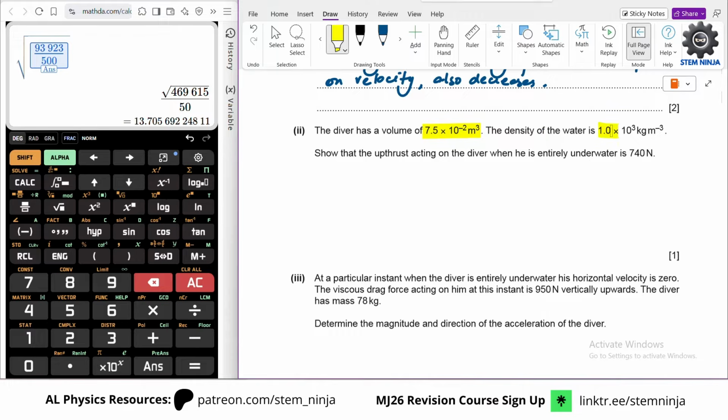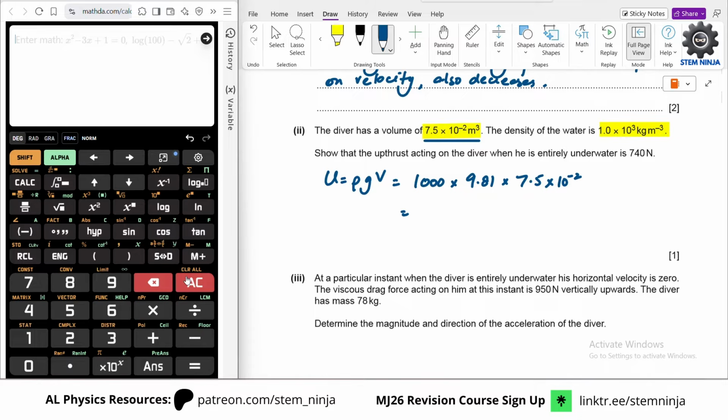Okay, the diver has a volume of 7.5 times 10 raised to the power minus 2 meter cube. The density of the water is this. Show that the upthrust acting on the diver when he's entirely underwater is about 740 newtons. Entirely underwater means that rho g V uses the entire volume. So rho is 1000, g 9.81, volume 7.5 times 10 raised to the power minus 2.